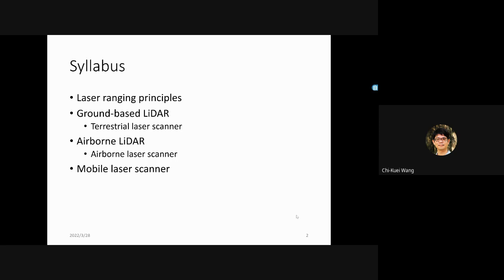The second is airborne LiDAR, nowadays more often called airborne laser scanner. And the last is mobile laser scanner. For these three kinds of LiDAR, I will show you some application examples, so you can see how useful they are for your own applications.